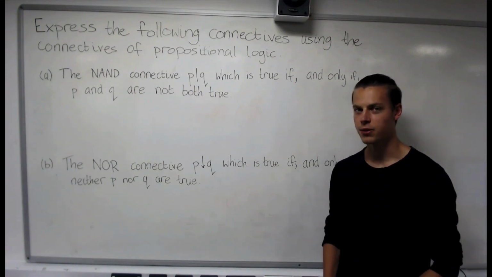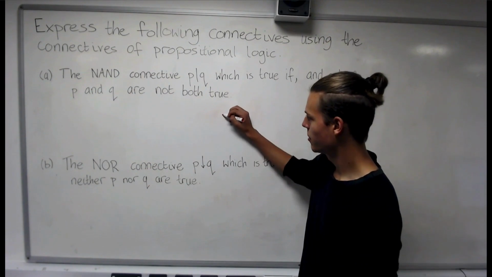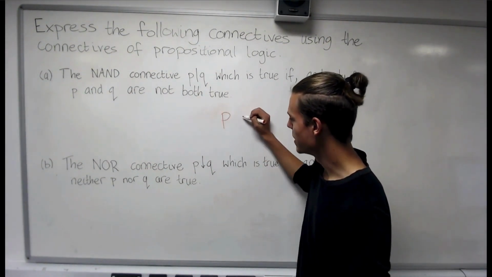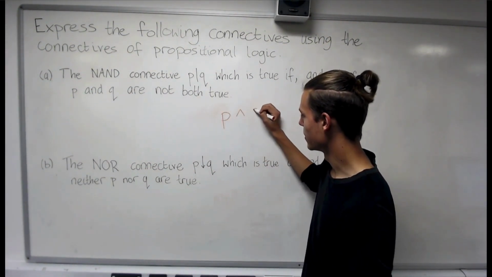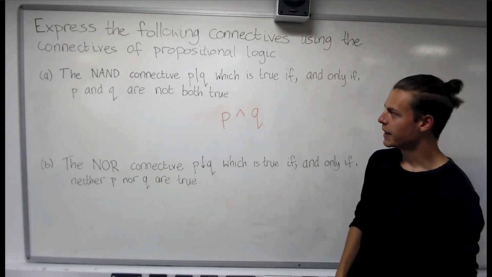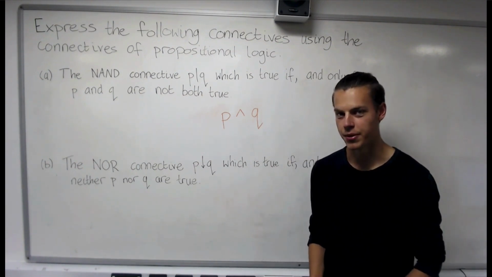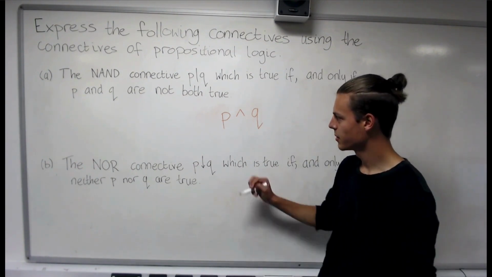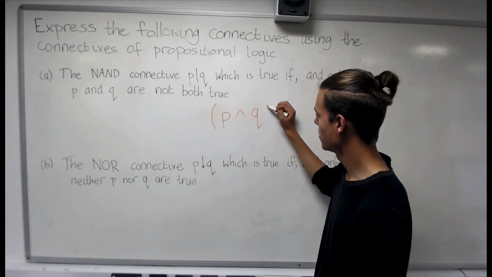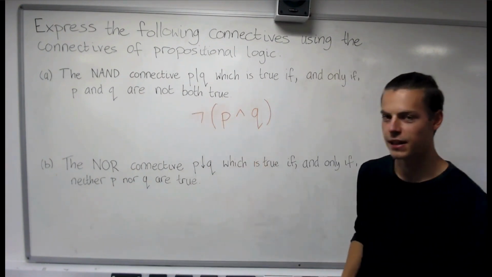Well, we know how to write P and Q both true, right? P and Q. But what we are saying is that it is not the case that P and Q are both true, right? Not (P and Q).